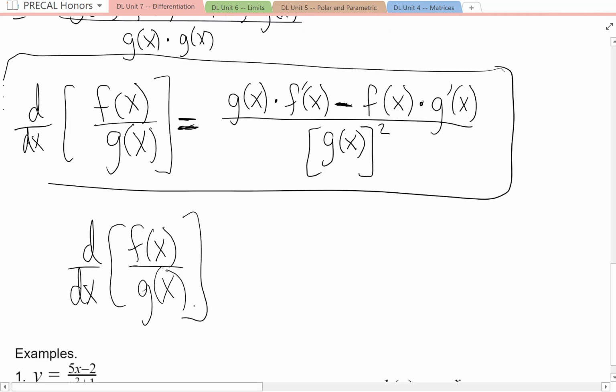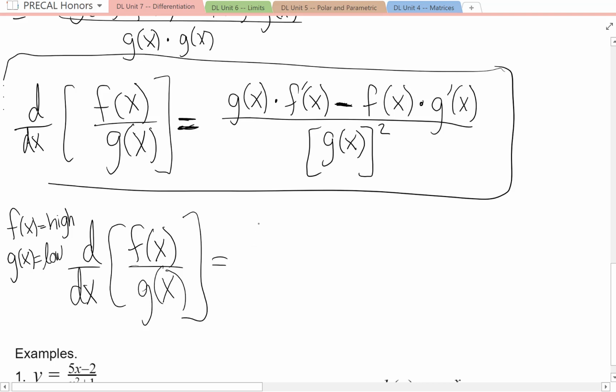You don't have to remember where f or g are in the fraction, because we're going to use the words low to talk about the denominator and high to talk about the numerator. So f of x would be the high function, the one in the numerator, and g of x would be the low function, the one in the denominator.